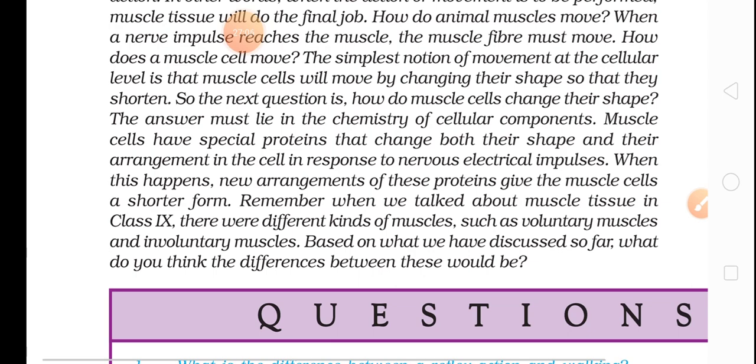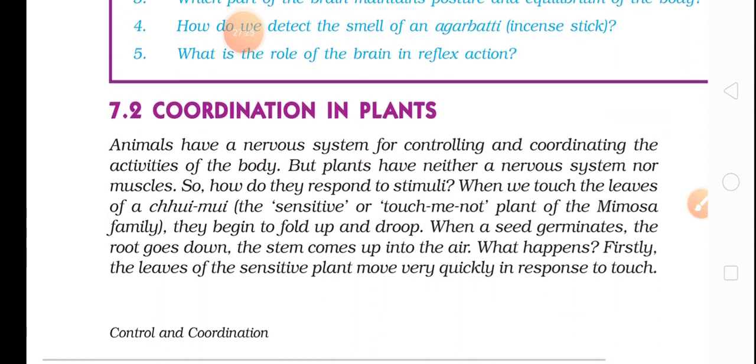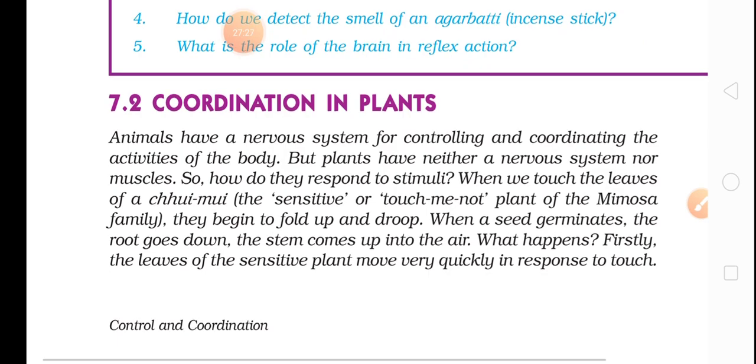So all these are in control of nerves. So I think till here you understood whatever I wanted to explain. So with this I would like to finish today's lecture, because the topic which is coming next is coordination in plants.